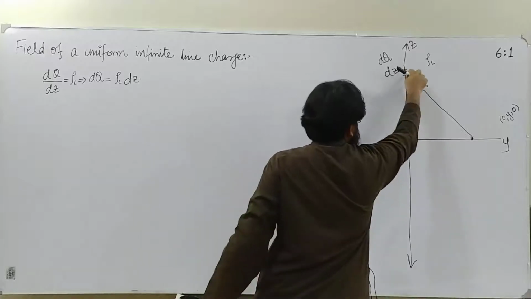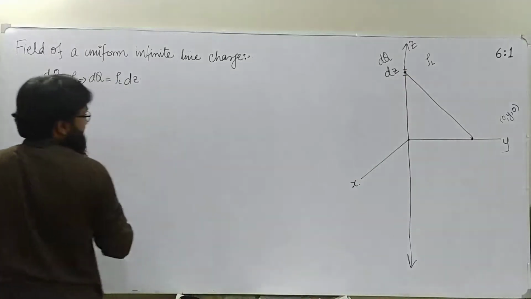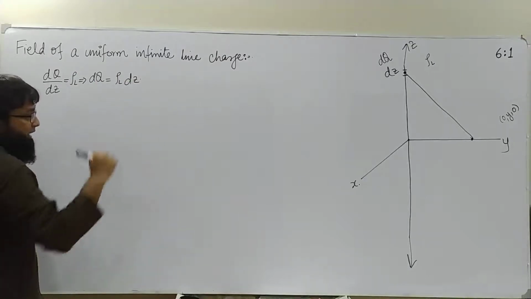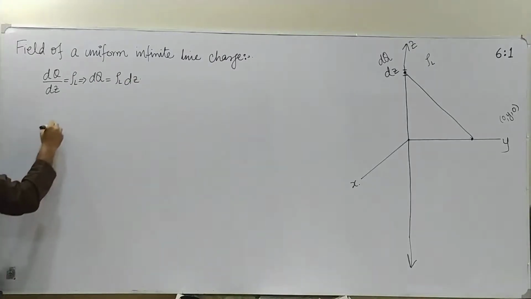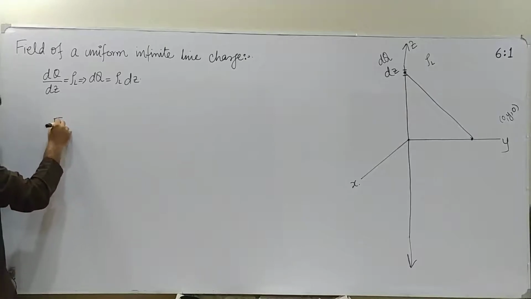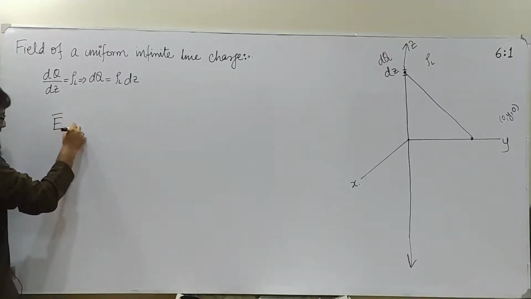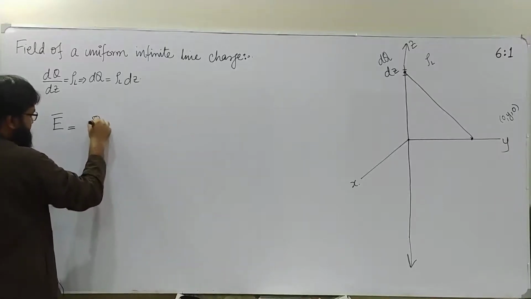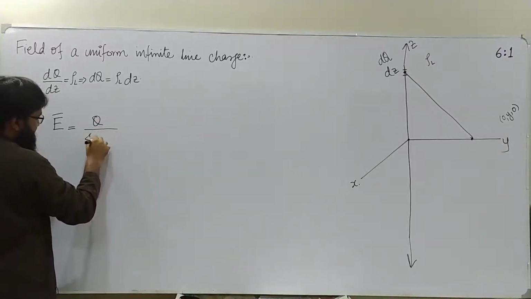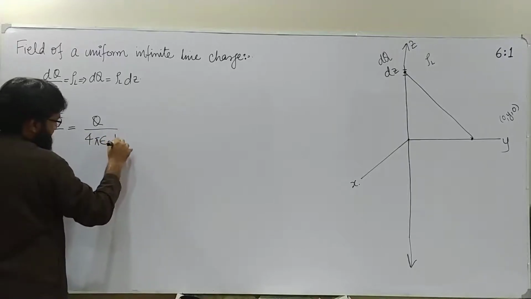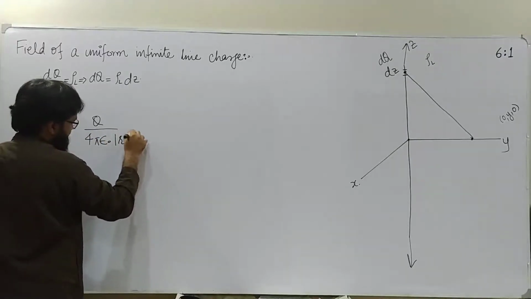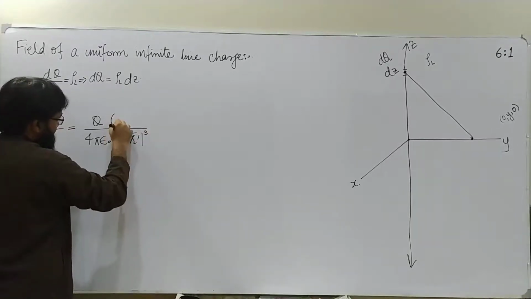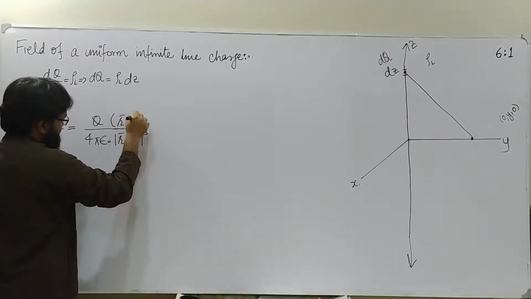Since we can treat this segment as a point, and the charge enclosed in it as a point charge, we can use the formula of electric field intensity for the case of a point charge, which was the charge divided by 4 pi epsilon naught, divided by the distance between the field point and the source point cubed, multiplied by this.